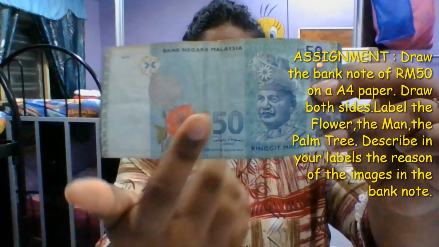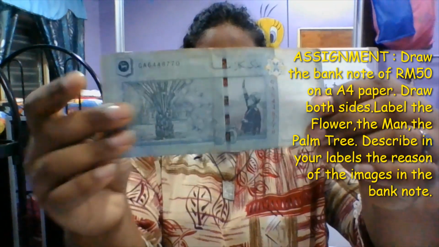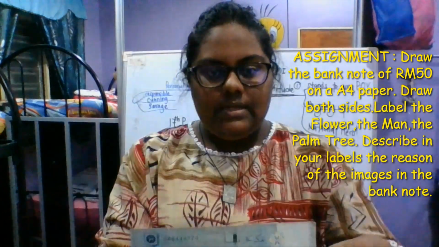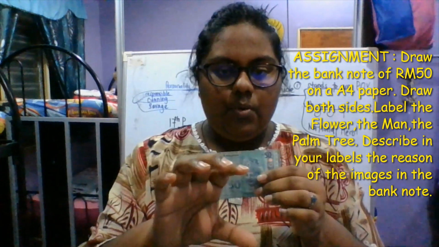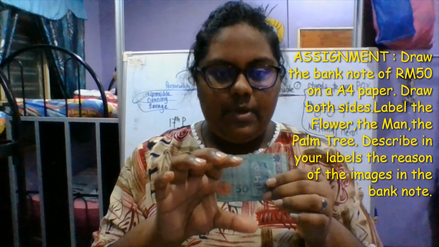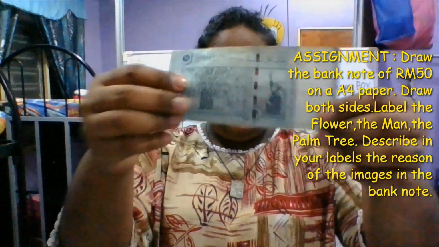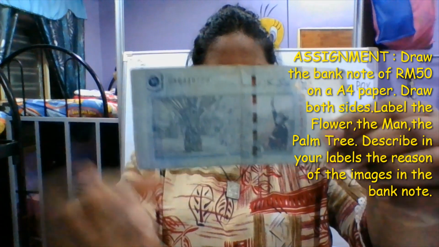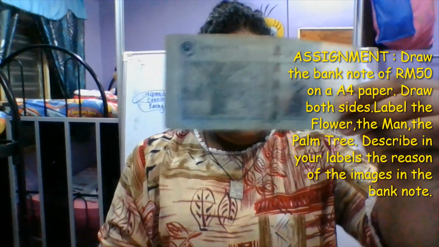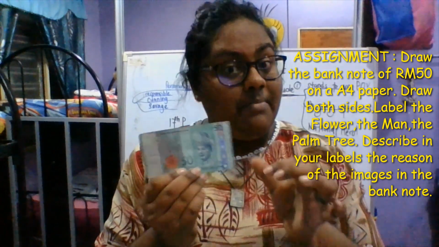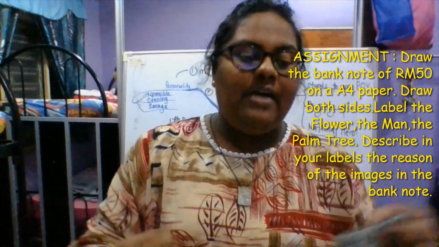Then when you flip the note, draw the other side also down. So up will be this side, and you go lower a little bit on your paper and draw the back side of it. On the back side, you have an oil palm tree and a man, right? It can be the same man or a different man. You have to find out that.